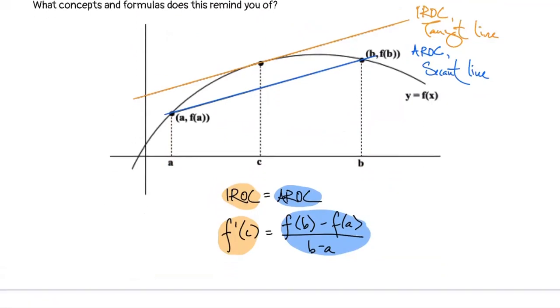All right. So knowing these things, let's talk about Rolle's theorem first, which is the special case, and then we'll talk about the mean value theorem, which is the more general case, okay?